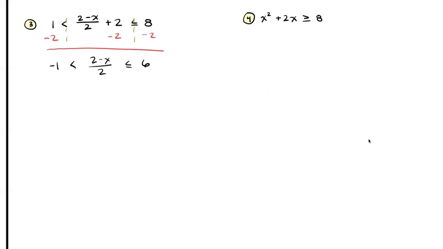We're getting closer to having x in the middle. The next thing that I would suggest, again, there are many ways you can go about this, but if you remember in our previous example, when I was showing you how to get rid of a fraction, what we should do here is clear this fraction by multiplying everything by 2.